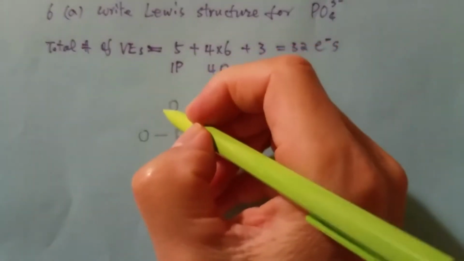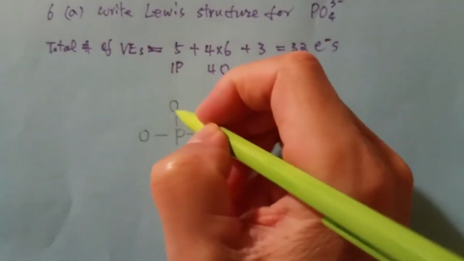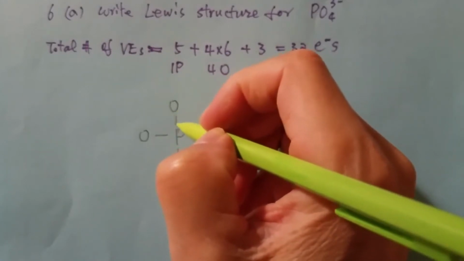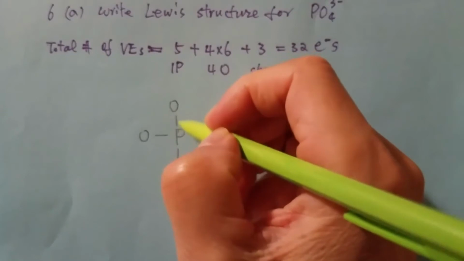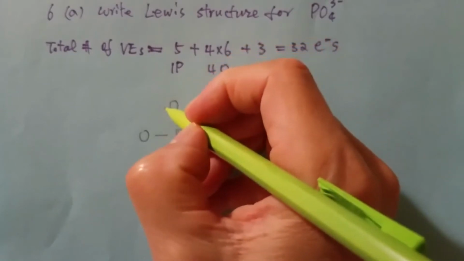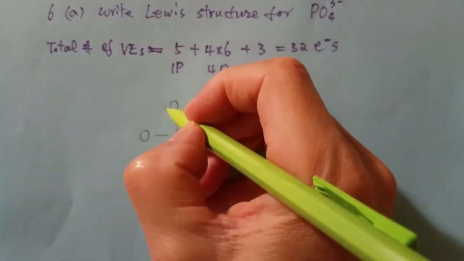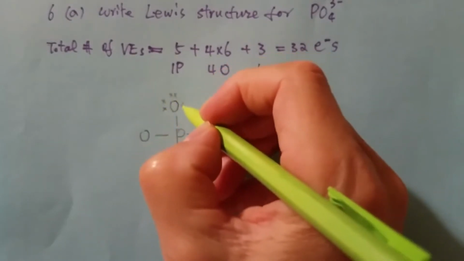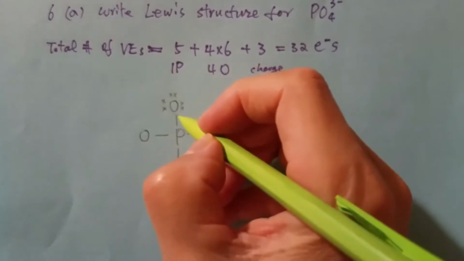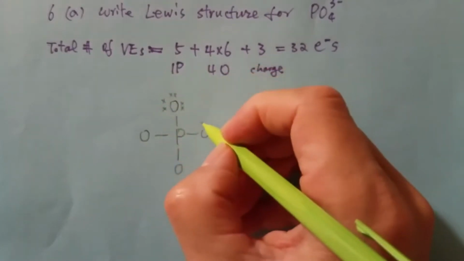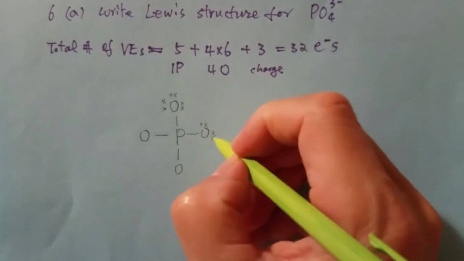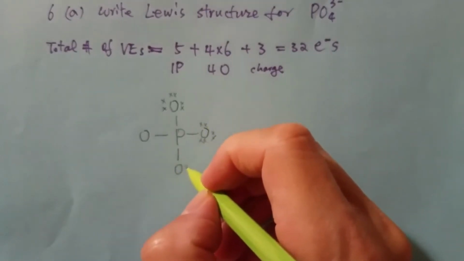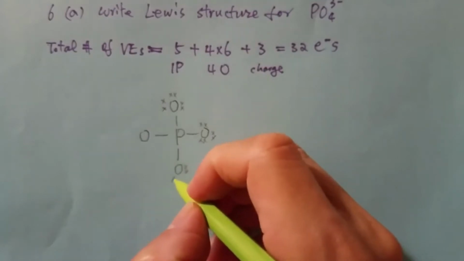For example, this oxygen already has 2 electrons from the bonding pair of the single bond, so then we have 1, 2, 3, 4, 5, 6, then 7, 8. We'll do the same also for this one.